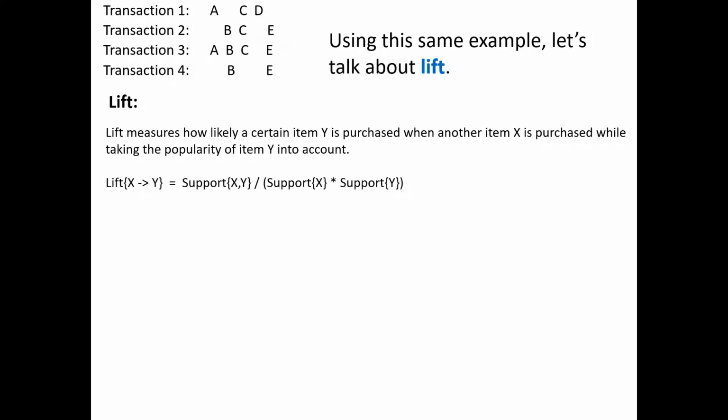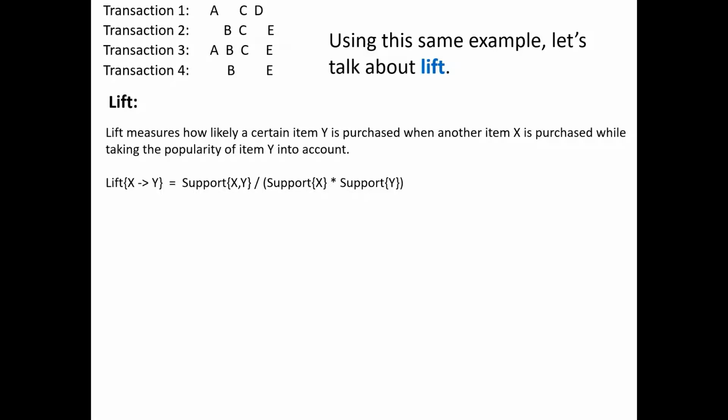The way we find the lift of X arrow Y, which again we would write as the lift of Y given X, is the support of X and Y divided by the support of X times the support of Y. Notice in that fraction, the bottom part of the fraction is in parentheses.